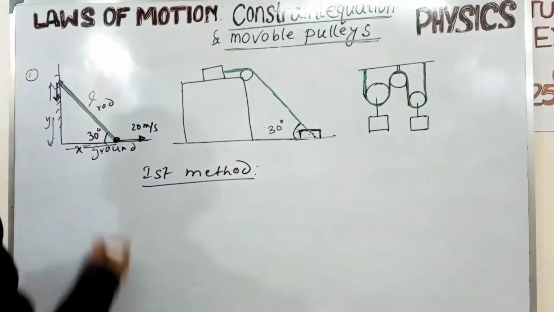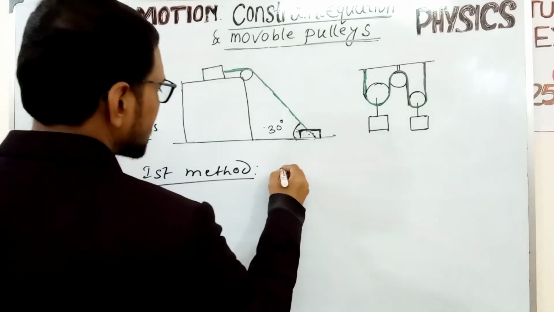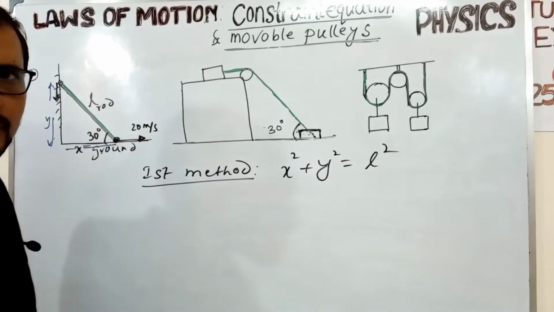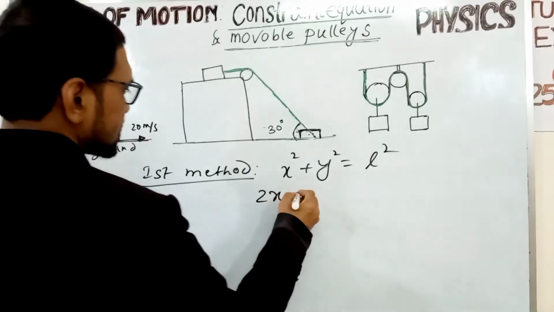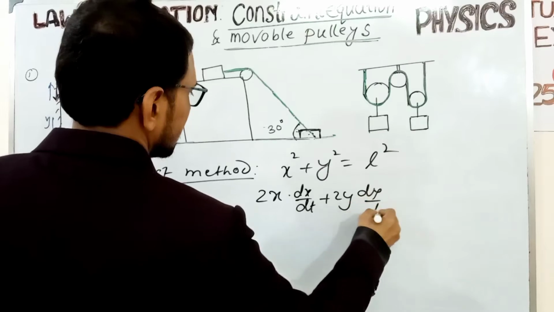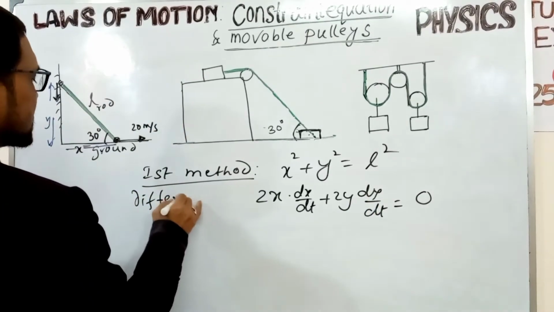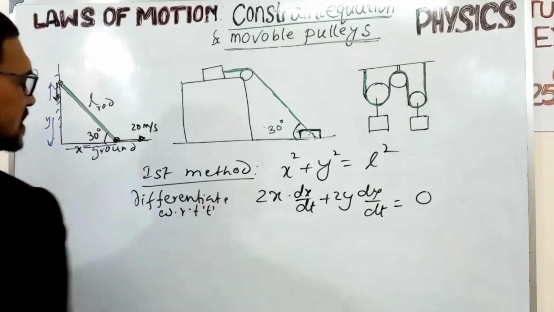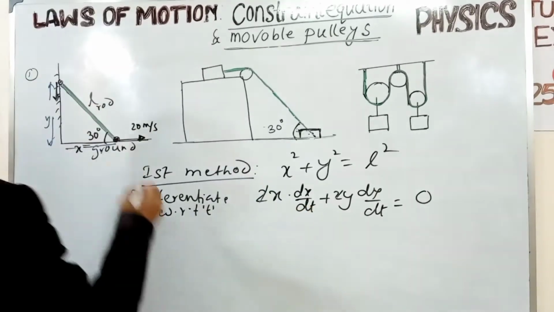The length of the rod is L, so length is constant. So the relation between x, y, L is x square plus y square equal to L square. Now if we differentiate once with respect to t, the derivative of L square is 0, because we know dx by dt is velocity.